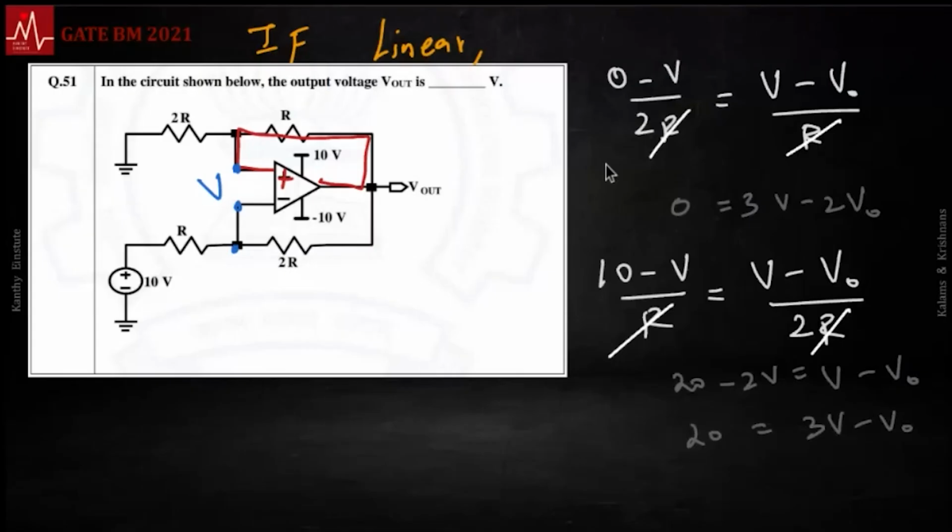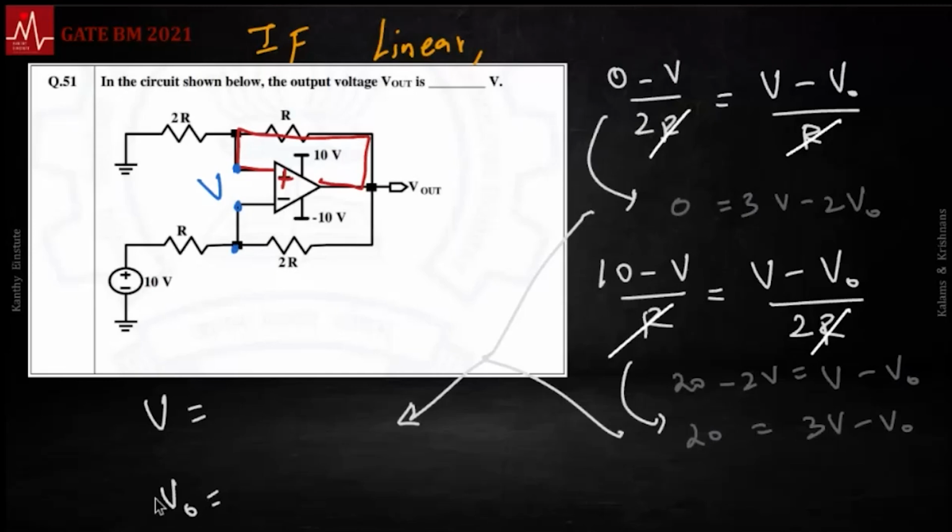Now, can you solve and tell me? From this equation, I got this. From this equation, I got this. Can you take these two equations and solve and tell me what is V and V naught? We are more concerned about what is V naught. We add the two equations.